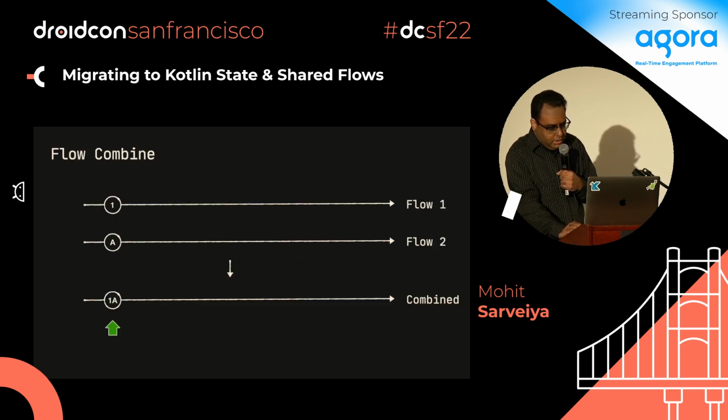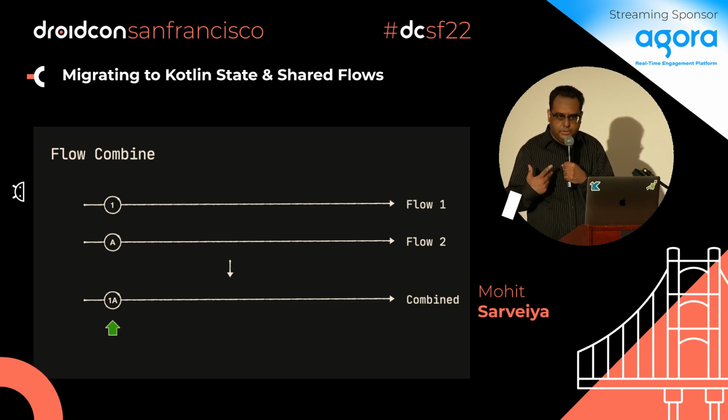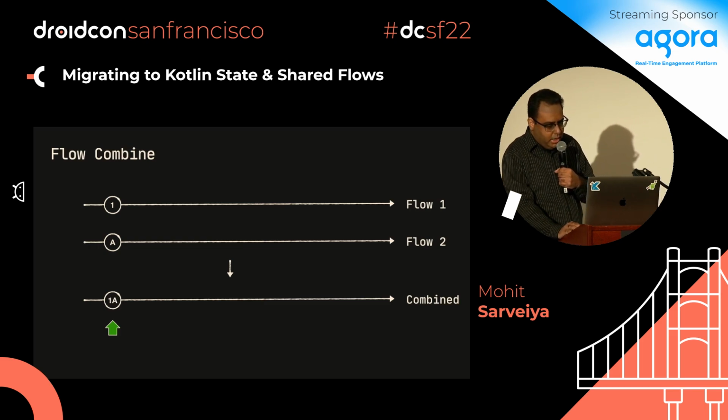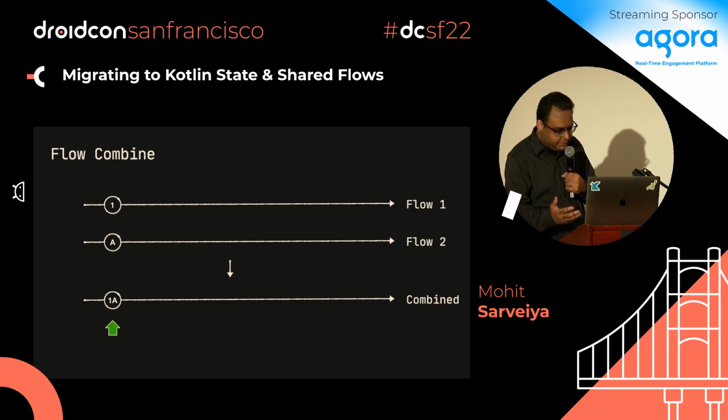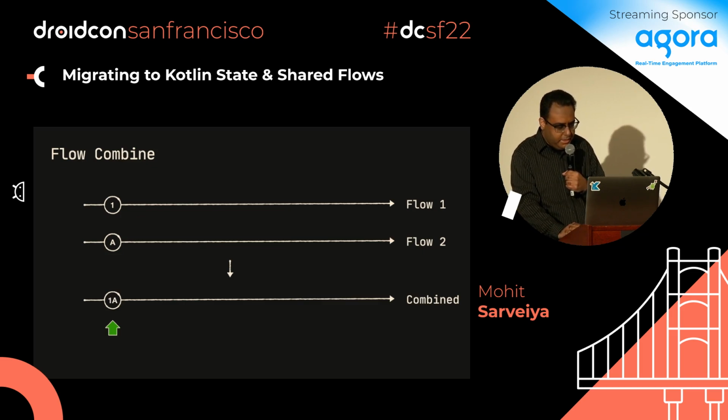So let me give you an example. Here is an example of two flows that I'm combining together. They could represent, like, API or database, and if both of them emit something like a letter A or 1, then you could have some logic to determine what happens when both of those items get emitted.